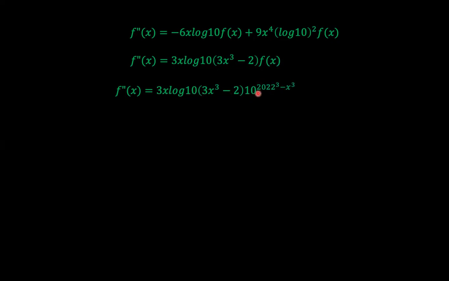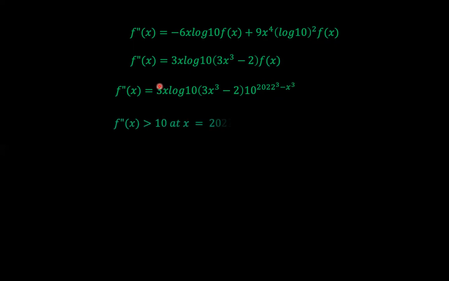So this is our second derivative, and as we can see, for values of x greater than 2022, this is always going to be a positive value, and that means that the function 10 to the power 2022 to the power 3 minus x to the power 3 is an upward facing concave function.